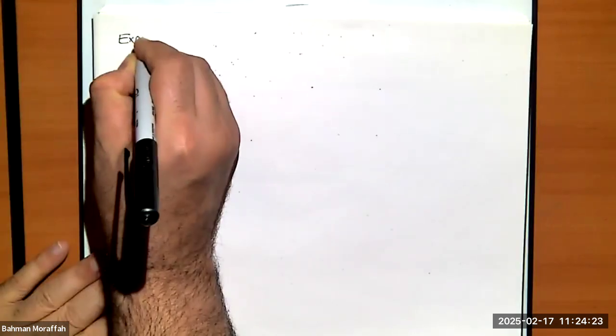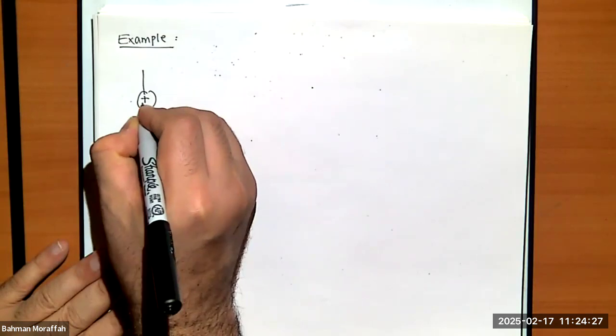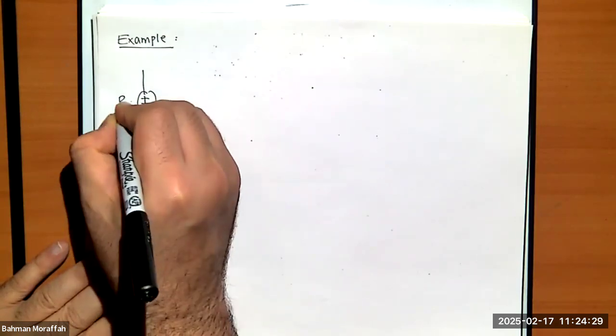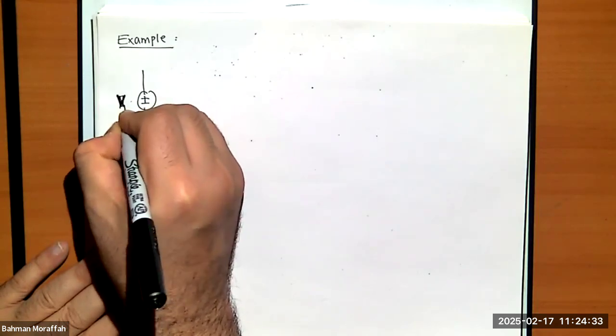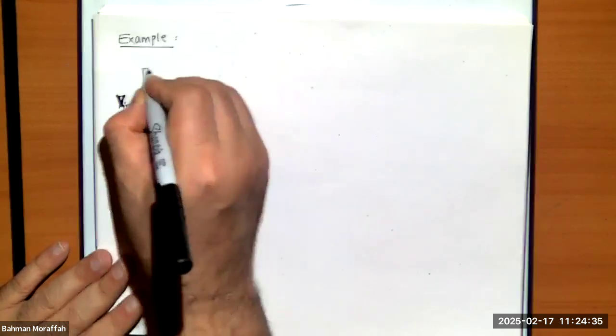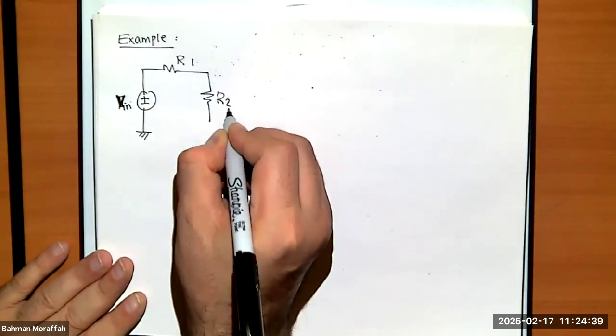Let's just say I am given this circuit. Example. I have this input voltage. This is V in, connected to R1, connected to R2.